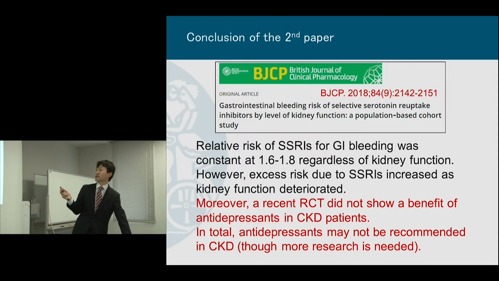So in terms of benefit-risk balance, it's worse in patients with lower kidney function. My conclusion was, a recent RCT didn't show any benefit, so in total antidepressants may not be recommended in CKD in terms of both risk and benefit balance. Although I should say more research is always needed.